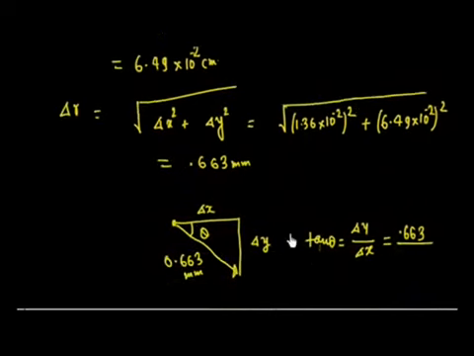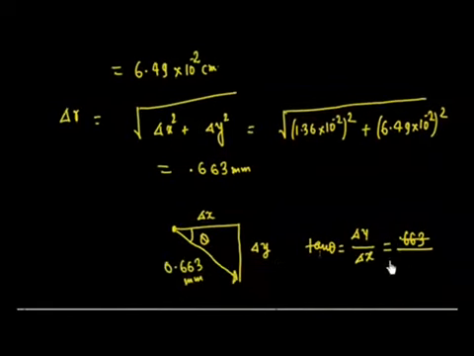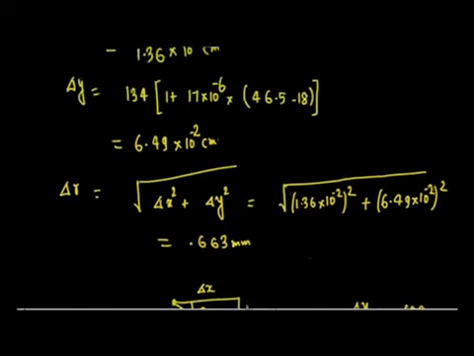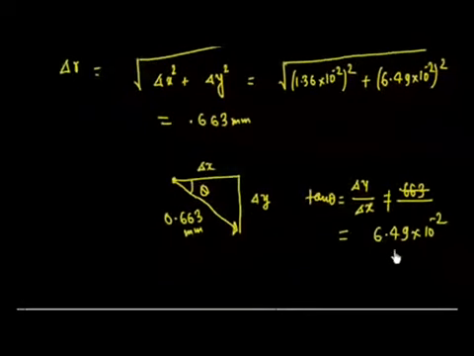No, this value is wrong, so I have to write again. So 6.49 into 10 to the power minus 2, and what is delta x? Delta x is 1.36 into 10 to the power minus 2.